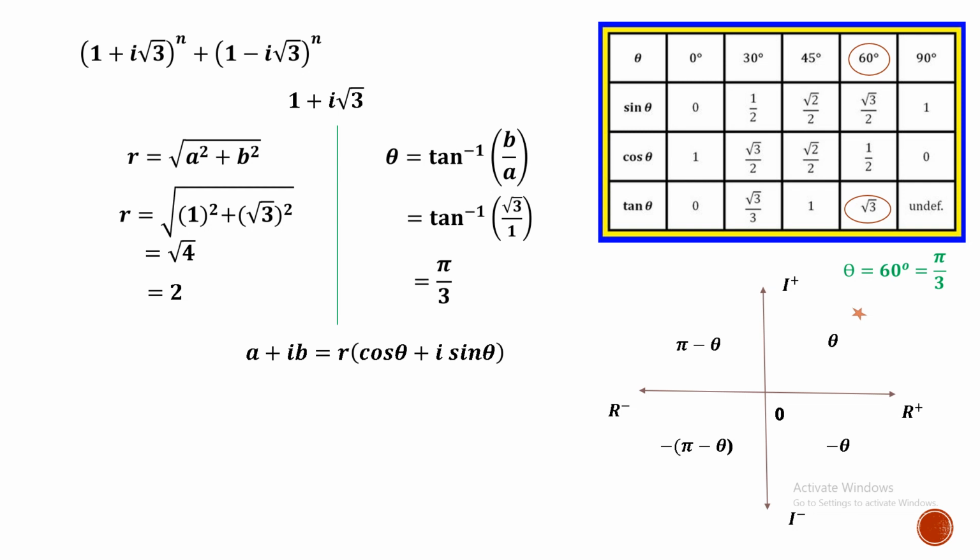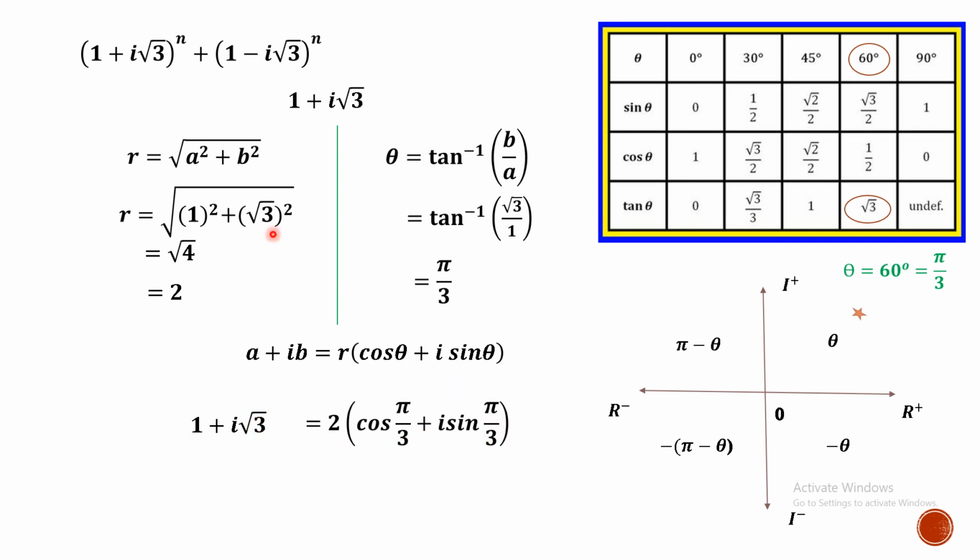Now if we substitute r value and theta value, 1 plus i root 3 can be written as 2 into cos of pi by 3 plus i sin of pi by 3. So this is the conversion of this complex number into its polar form.